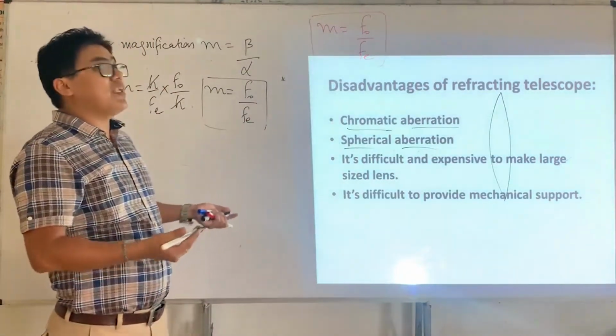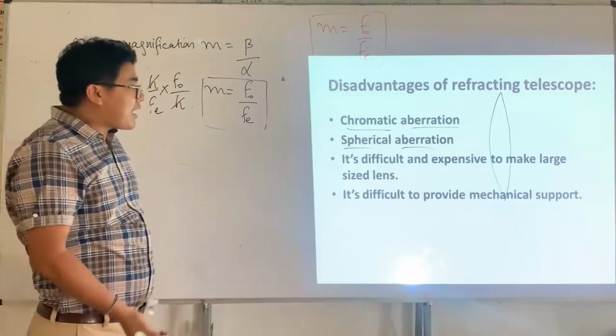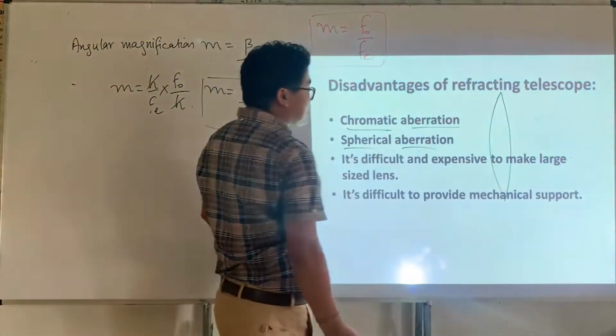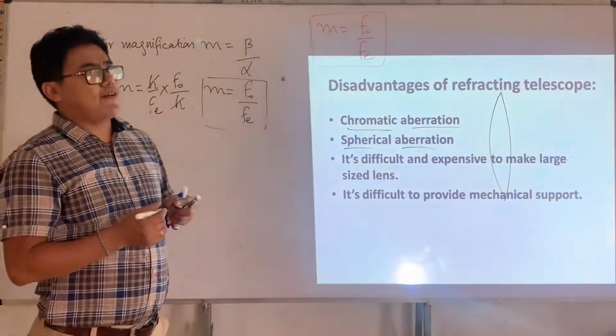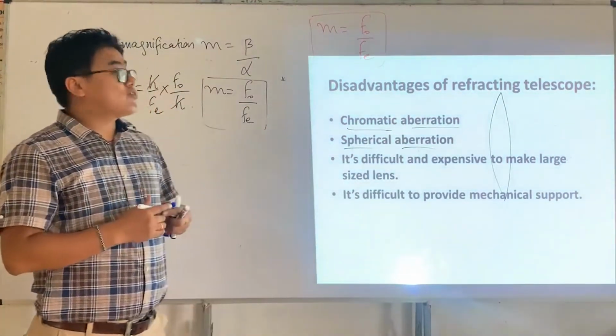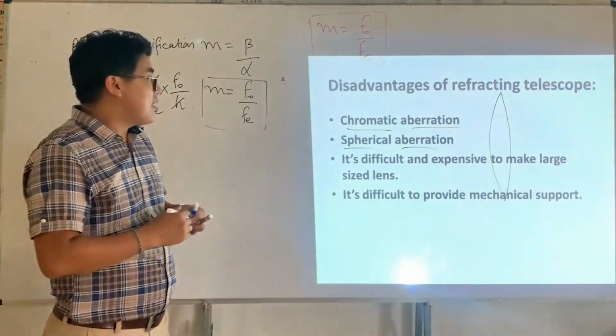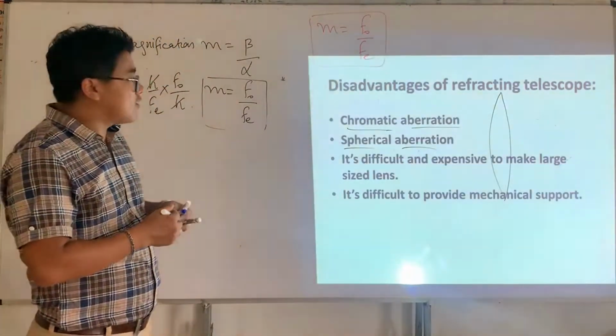So therefore, this will give you again different images, right? Again, the third one is, it is very expensive. Designing a 1 meter size convex lens is going to be very expensive, and it is also difficult, right?